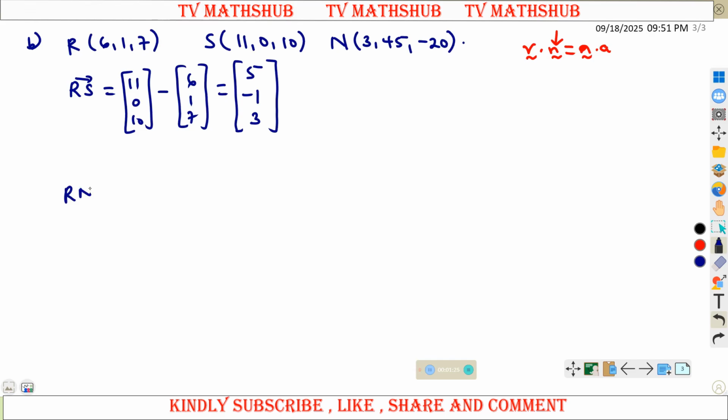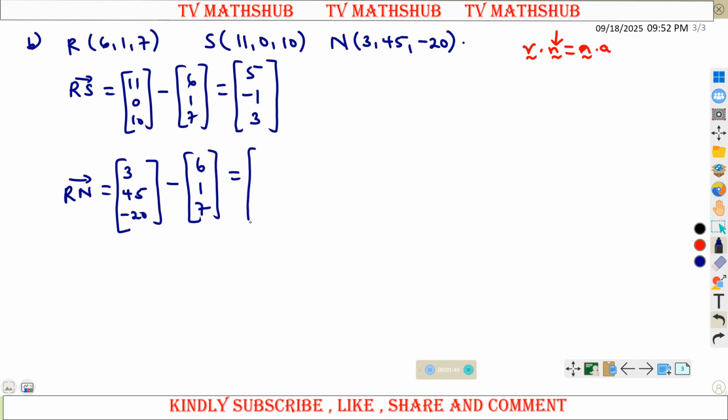RN will be same as having N, which is (3, 45, -20). Then from this we shall be subtracting R, which is (6, 1, 7). So when we do that, we shall remain with (-3, 44, -27). So that will be our RN.